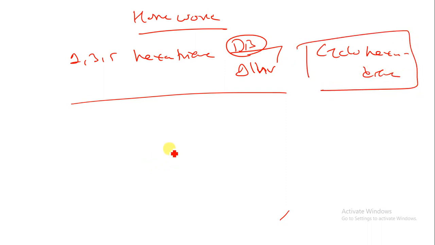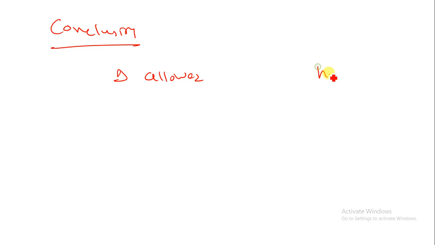You have to just write down the correlation diagram. After seeing all this, you have to write down the conclusion part of the correlation diagram. What is the conclusion part? Here we can write thermally allowed, here photochemically allowed, and here a 4n system and a 4n plus 2 pi electron system.